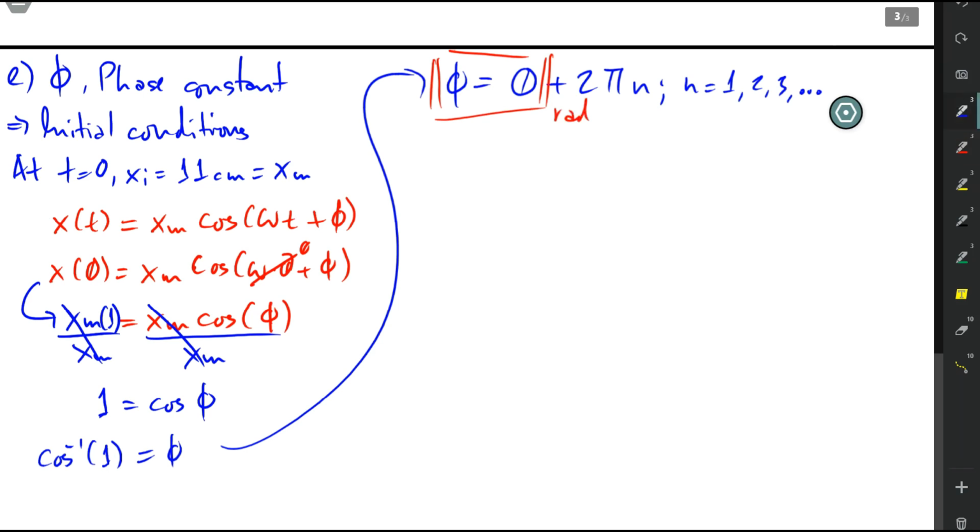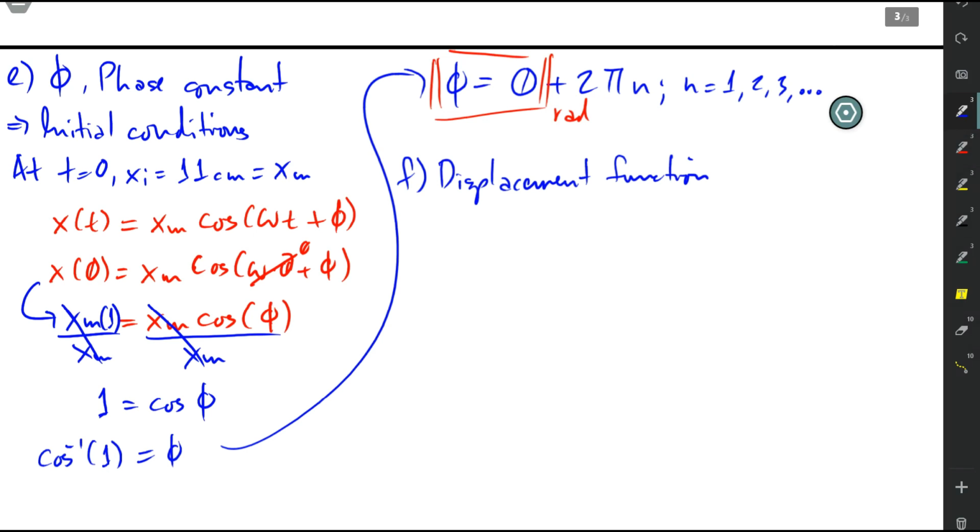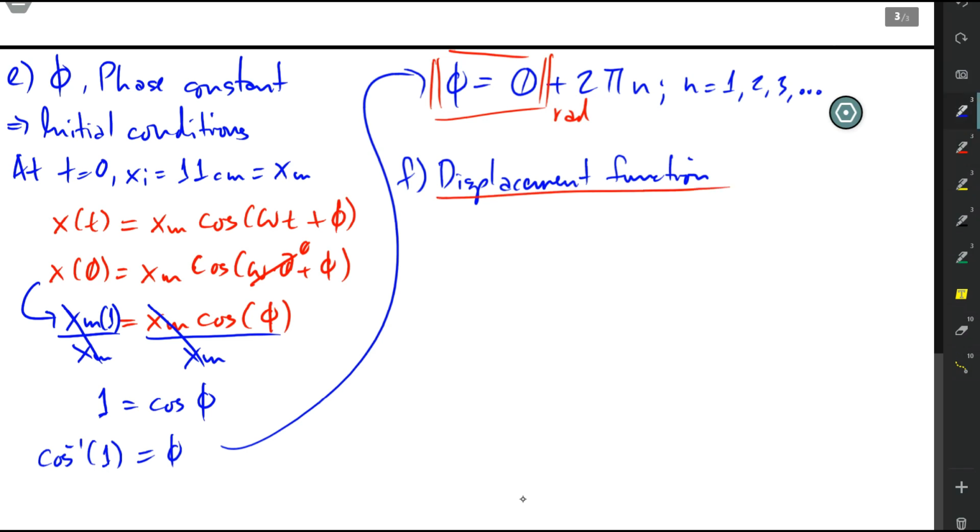And so the last but not the least is just to write out the displacement function. We already have our velocity, or at least the amplitude of that. I'm going to take the same simple harmonic motion function that I wrote earlier and spell it out. Now that we know every part of it, we'll just plug and chug.